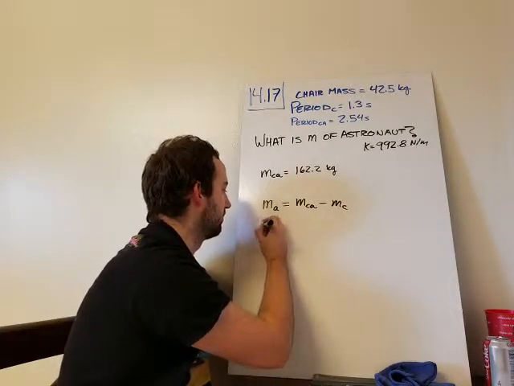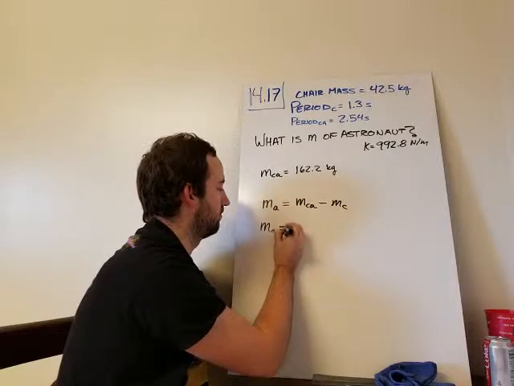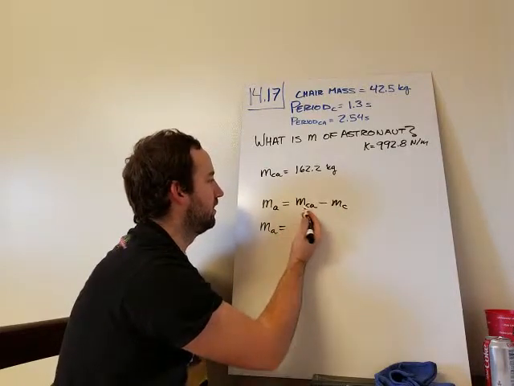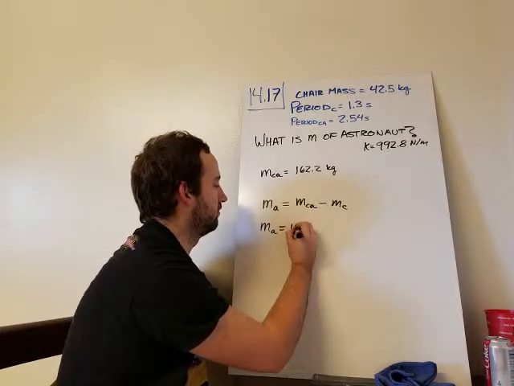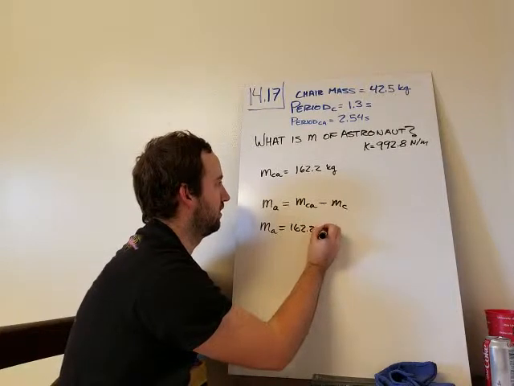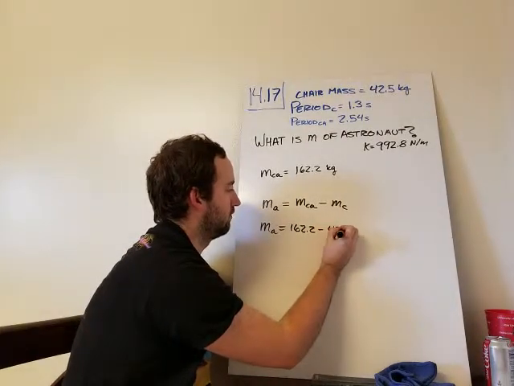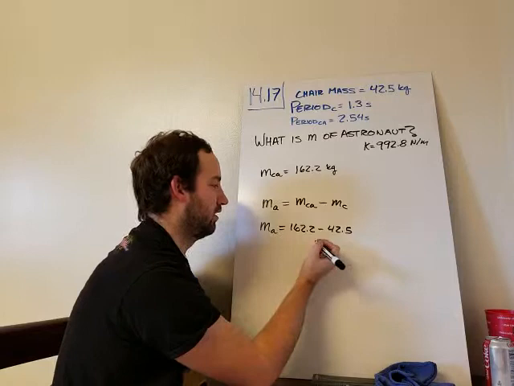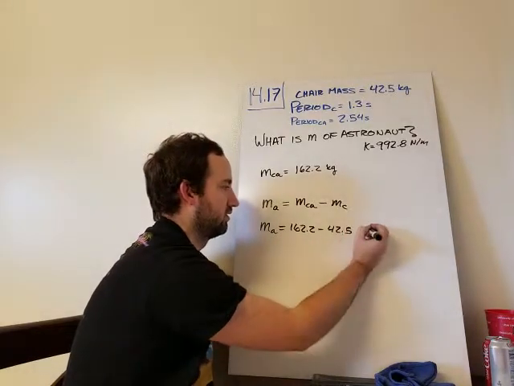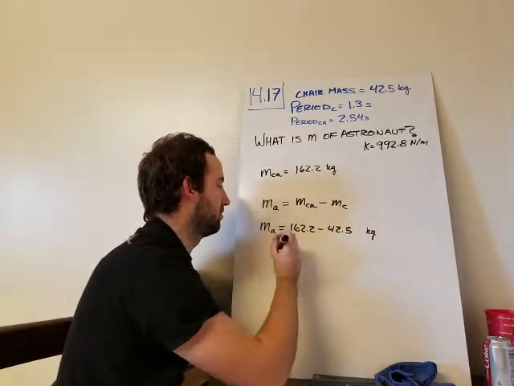So we know that our M sub A equals 162.2 minus 42.5. And of course, this is all in kilograms.